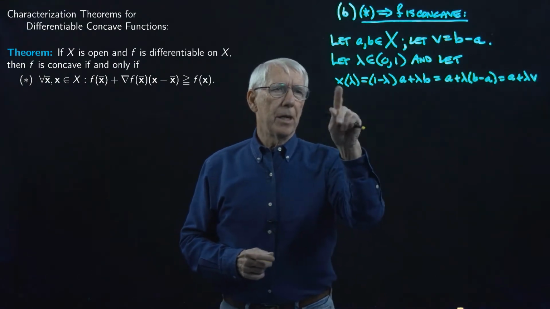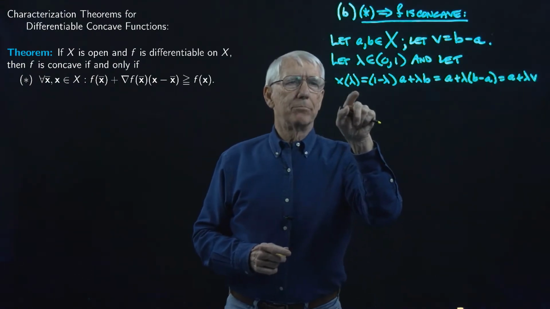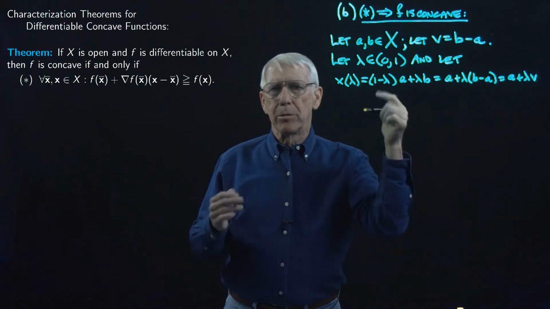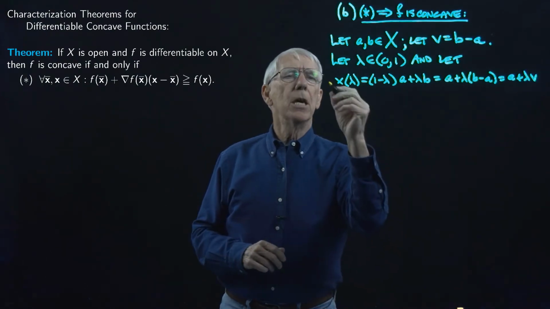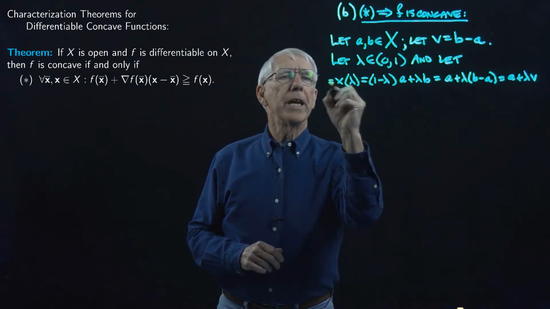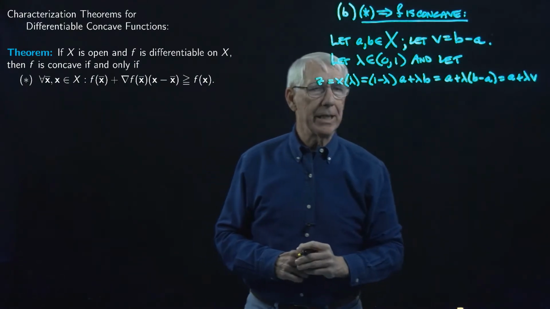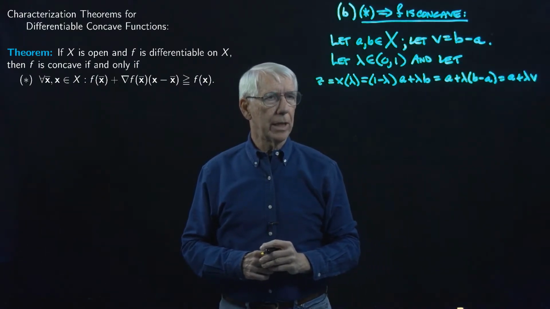And it's going to turn out that writing x parentheses, lambda parentheses is going to be a little bit messy. So we're actually going to say, let's just write this as z, a lot shorter, a lot quicker.